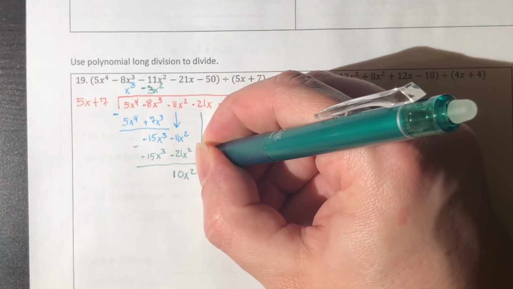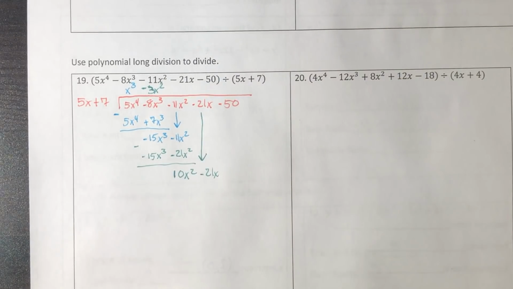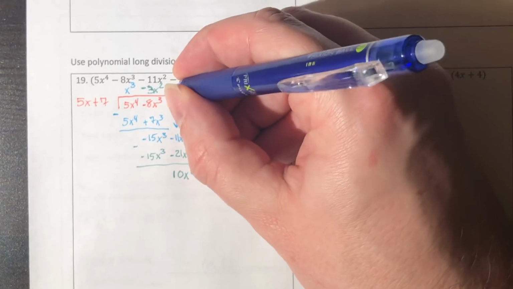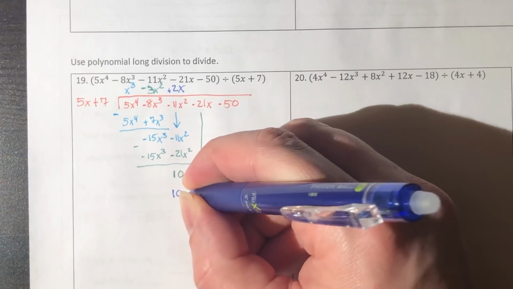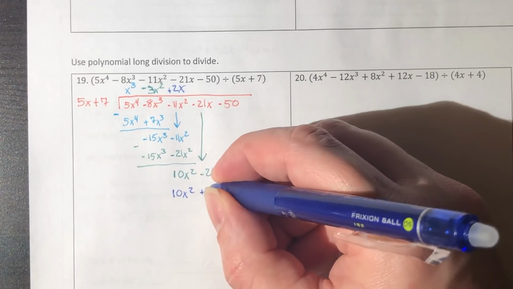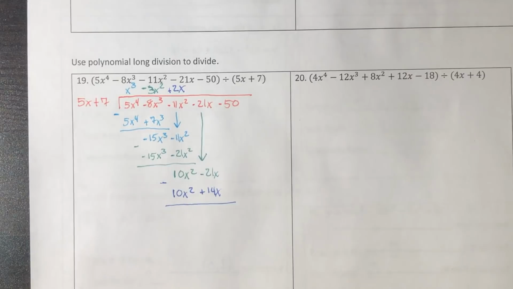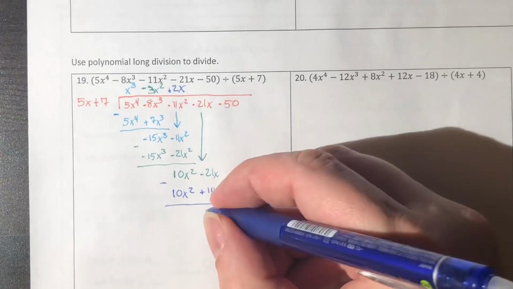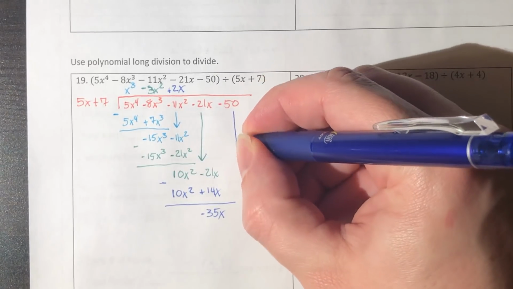And I drop down that next term, minus 21x. And I go again. 5x to get to 10x squared, it's going to be plus 2x. That's going to be 10x squared plus 14x. Subtract, those 10s cancel. Negative 21 minus 14 is going to be negative 35x.